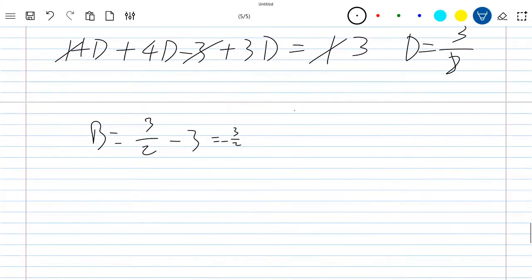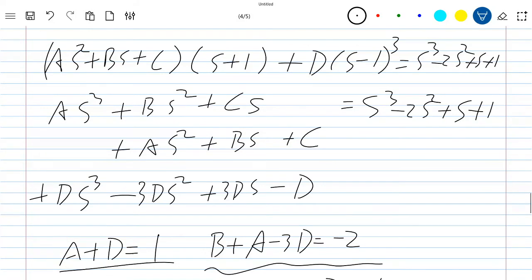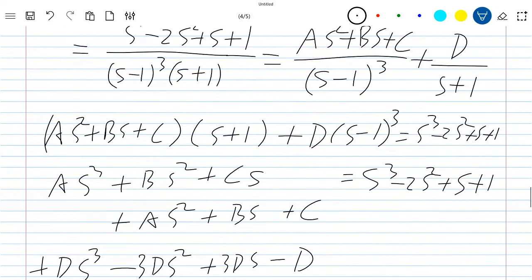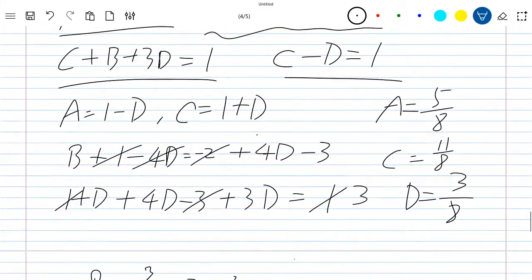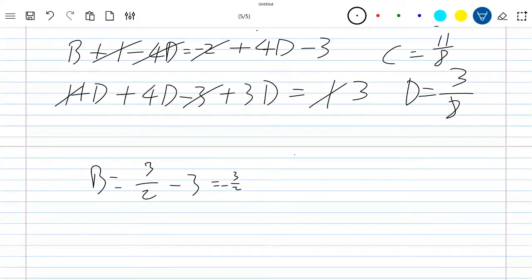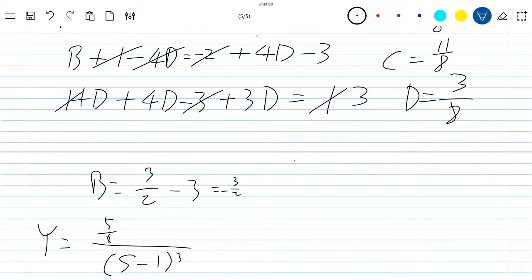So let's put them together. So our solution would be, do you remember what we have? Okay, a, b, c, and then d. Your y is 1 over (s minus 1) cubed times (a s squared plus b s plus c), where a is 5/8, b is negative 3/2, and c is 11/8.